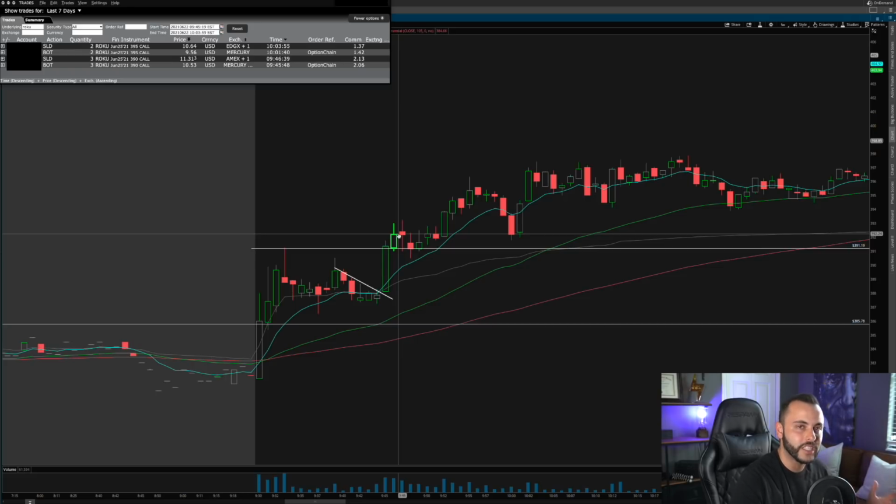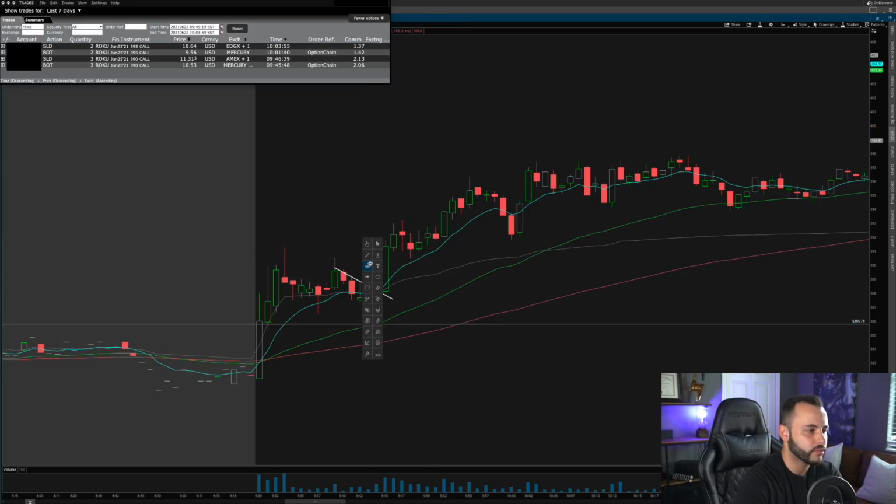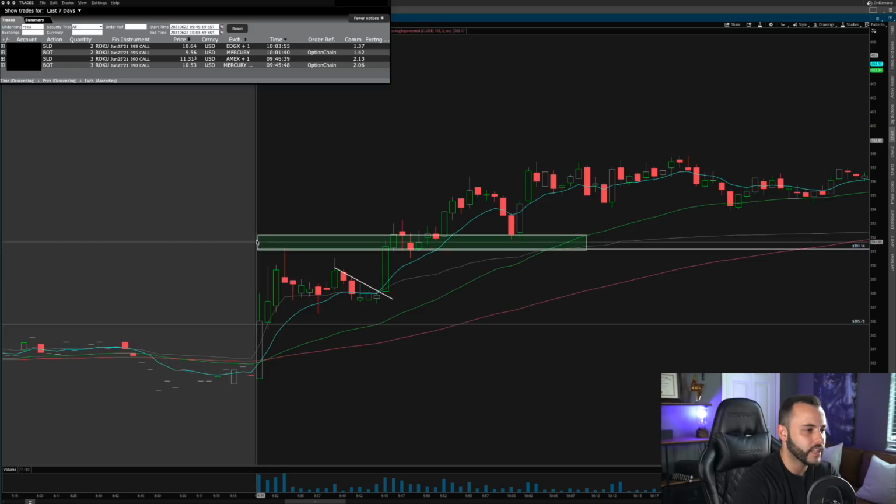Now, ROKU did continue, and I got in here on a very, very nice break and retest on my next trade. I did miss this flag pattern right here. So we had another flag pattern that formed right there. I did miss this trade. Now, where I got in was I got in for this break and retest right here on ROKU. So you can see this entire area, anywhere from the previous highs of day to the previous resistance up here.